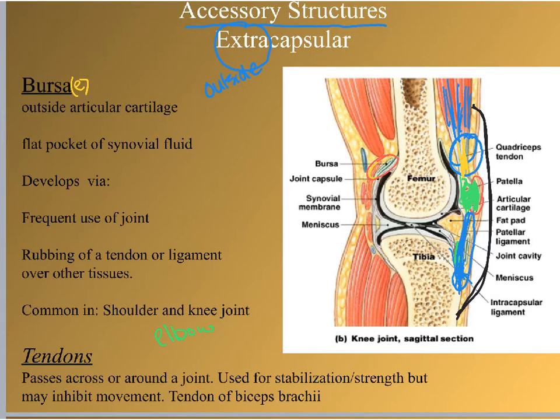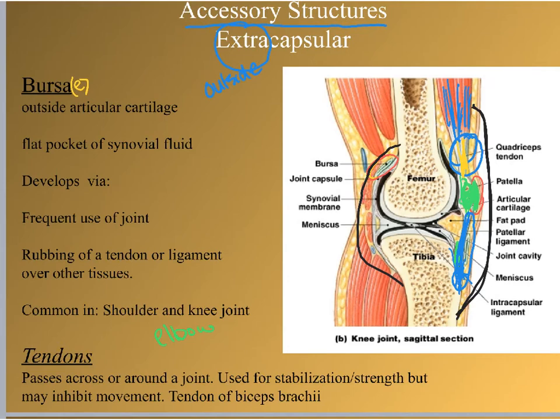And you will also have tendons posteriorly as well, even though you can't see them in this picture, that are going to pass posteriorly from one bone to the next. So tendons are always going to pass across or around a joint. And they're used for stabilization and leverage.